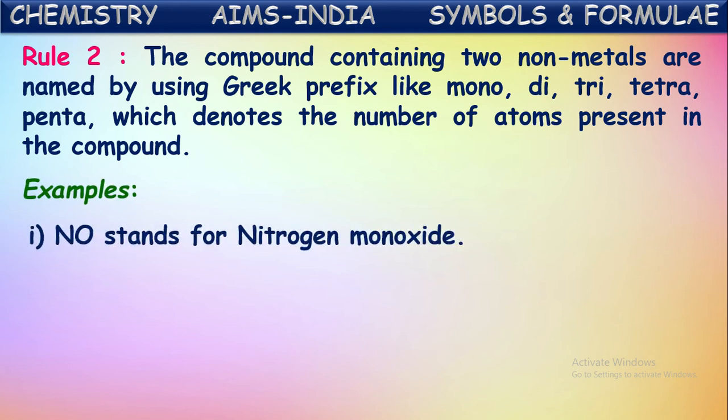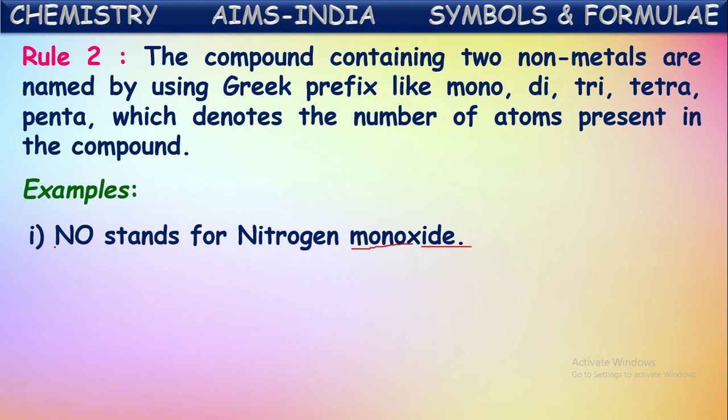The first example, the compound formed by nitrogen and oxygen. That can be named nitrogen oxide. For the second non-metal, ide is attached by eliminating a few letters. Now it becomes nitrogen oxide. And for the second non-metal, the number of atoms is also mentioned by giving prefixes like mono.